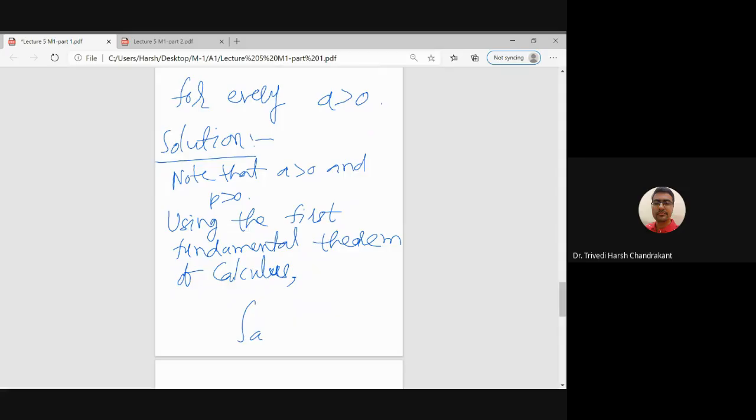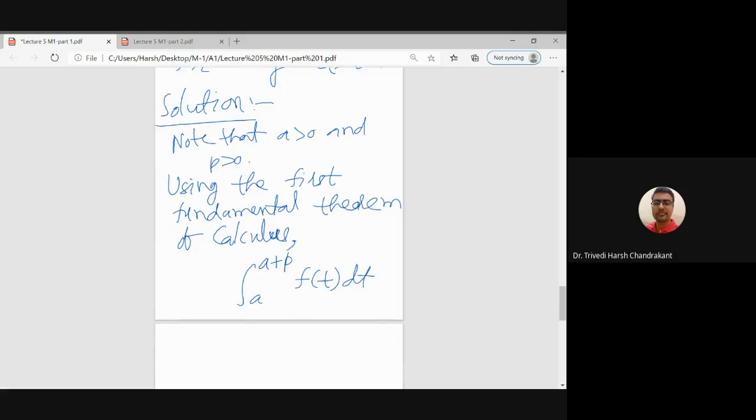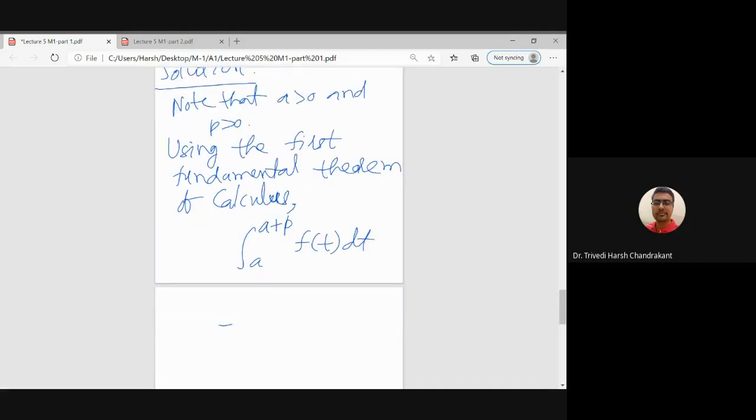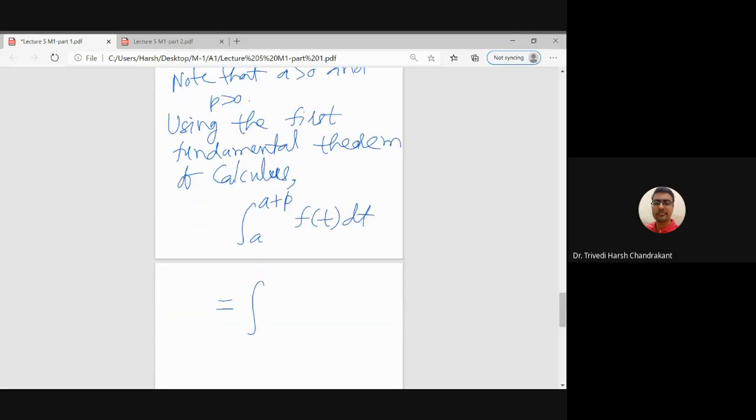basically we want to find the integration a to a plus p f(t) dt, but the first fundamental theorem is for the integration from some fixed number which may be different from this a and to a particular number. So to use that theorem, we should divide it into two parts.